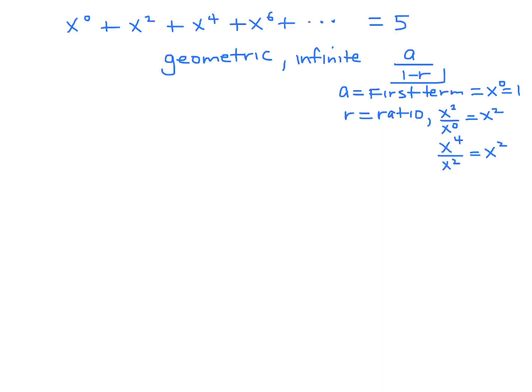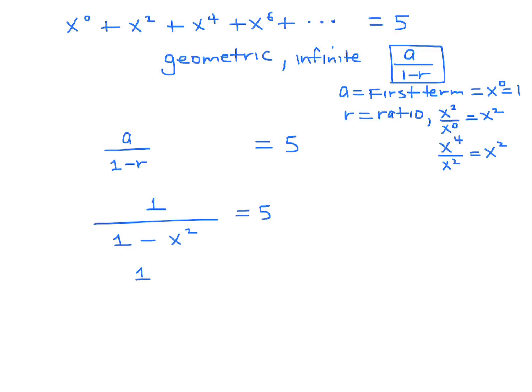So now let's use our cool formula here, a over 1 minus r, and that is all equal to 5. A in our case, we just figured out, was 1. 1 minus r is 1 minus x squared, and that equals 5. So now cross multiply, we get 1 is equal to 5 times 1 minus x squared. And this looks like 5 minus 5x squared is equal to 1.